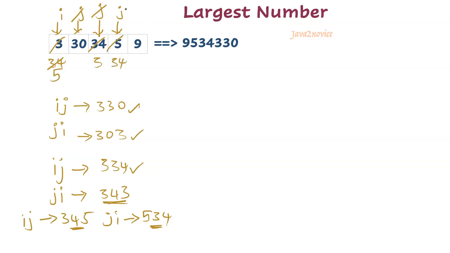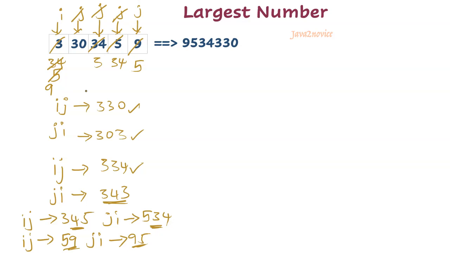In the next iteration, j will be here. ij will form 59, ji will form 95. Since 95 is bigger than 59, we will swap again. 5 will be here, 9 will be here.